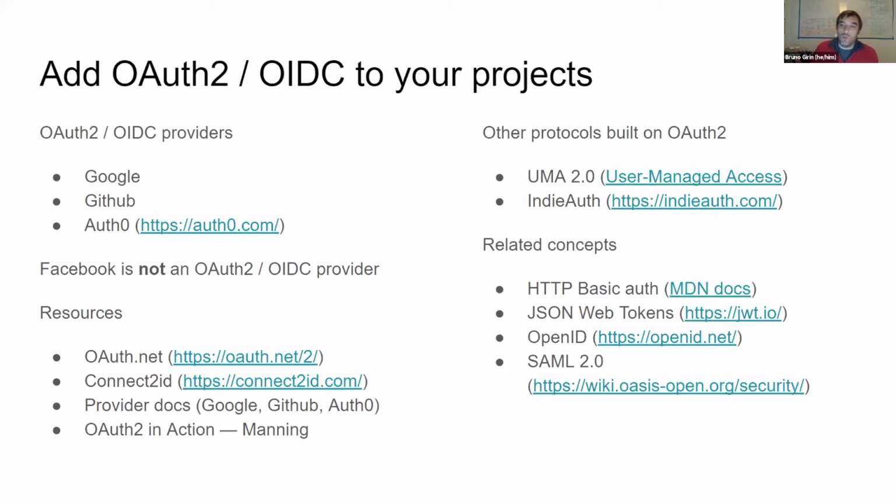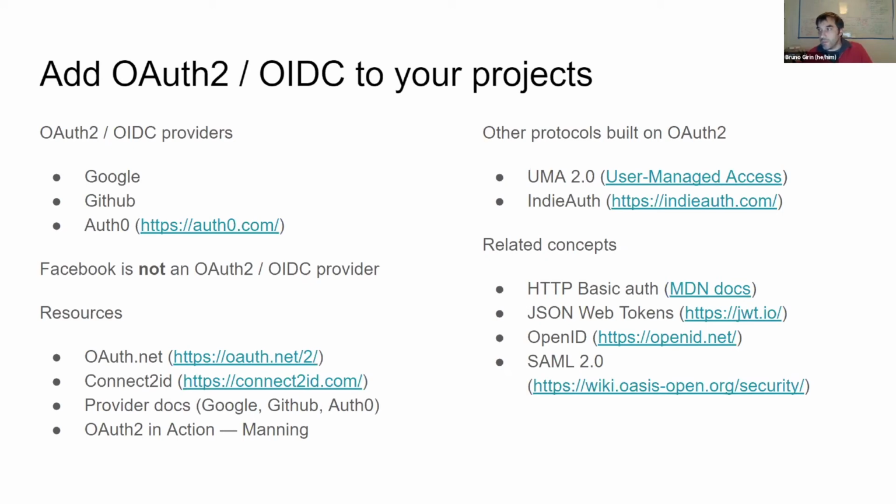Then OpenID is a wider spec than just OpenID Connect. There's other things there, so if you're interested, go and have a look. And SAML 2.0. SAML is an equivalent to OpenID Connect, but it uses XML instead of JSON. And you will find it in corporate environments, and in practice, it's a very similar behavior to OpenID Connect. So if you understand OpenID Connect, you will understand SAML.